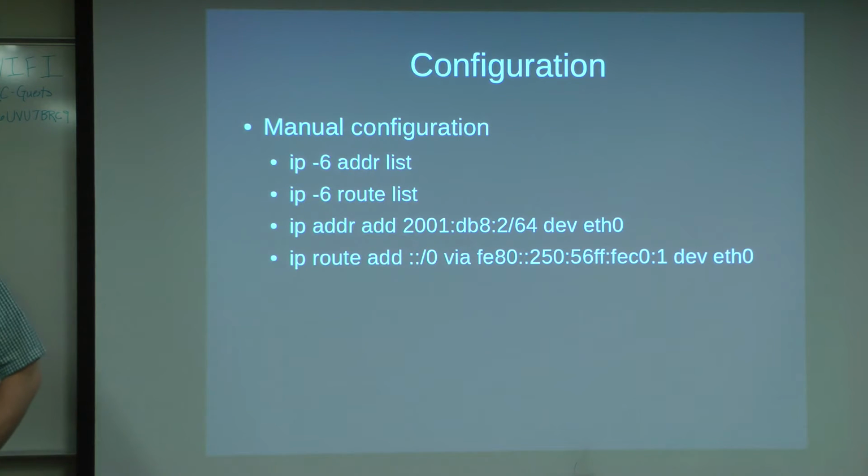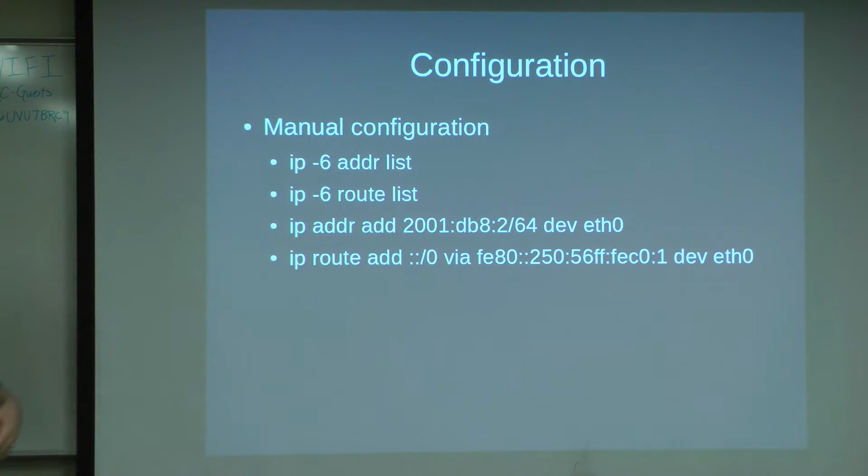When it comes to configuring IPv6 on a Linux system, you're really going to want to use the iproute2 commands. I think ifconfig has really basic support for it, but you're going to be much better off using iproute2, or in the examples here, just the ip command.